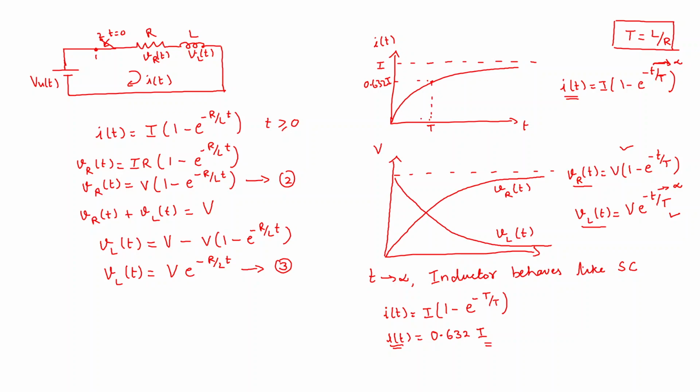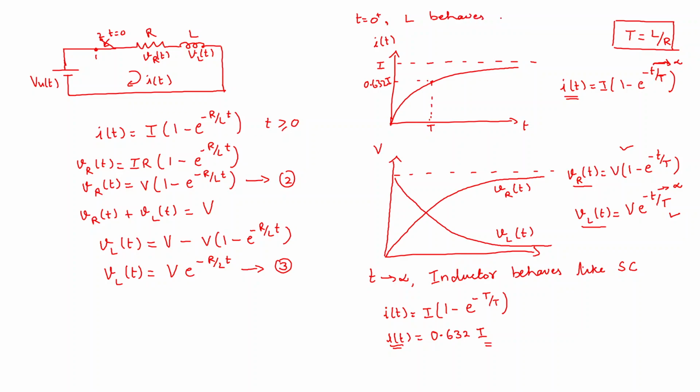One more inference you can make from this graph: at time t equal to 0, the current is 0. So immediately after closing the switch, the current through this loop is 0, which means this inductor is acting as an open circuit at time t equal to 0 plus, that is immediately after connecting the supply to the circuit.